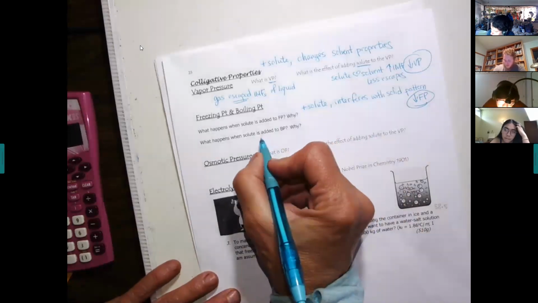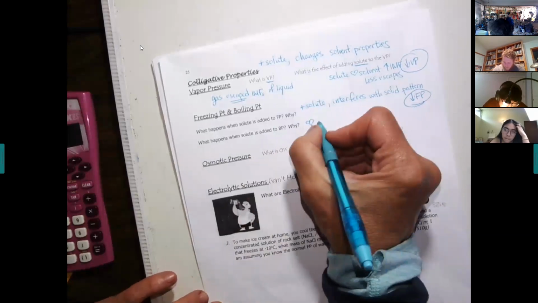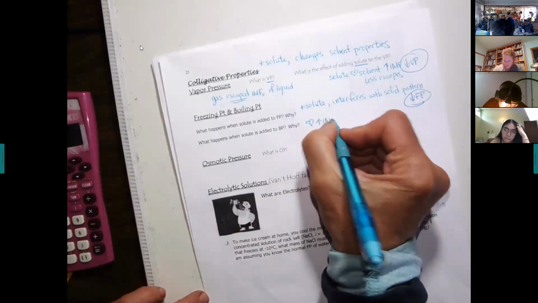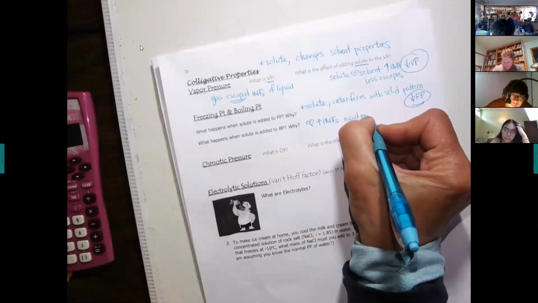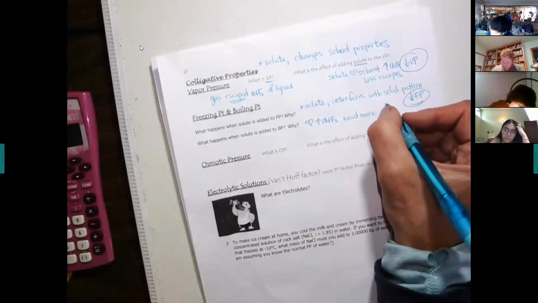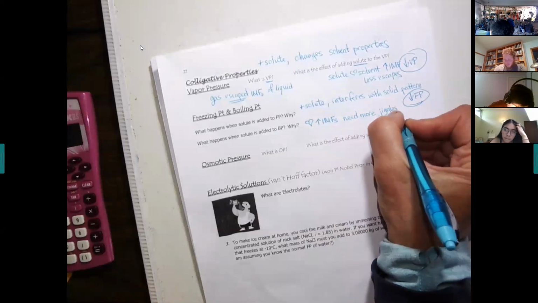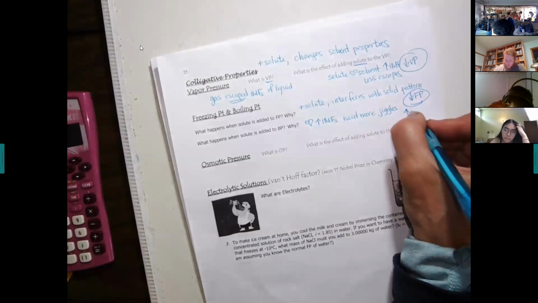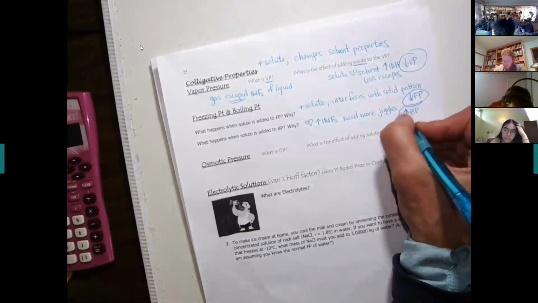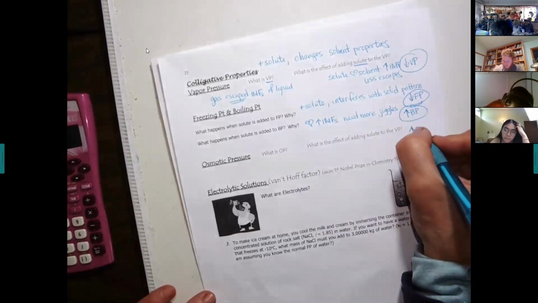All right, boiling point: because of the love, the higher IMFs, you need more jiggles or giggles or wiggles. So you need more of all of that to overcome. And so you get a higher boiling point. And then osmotic pressure. The big picture is that one also goes up.